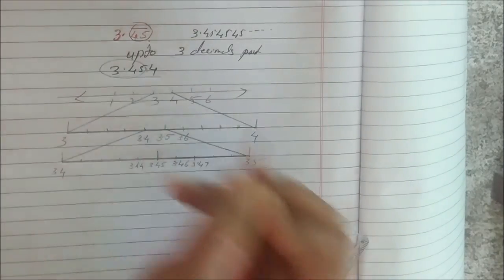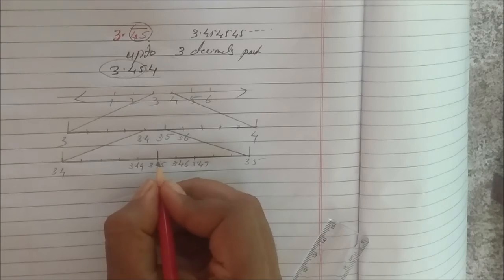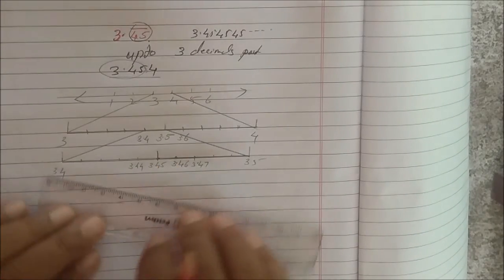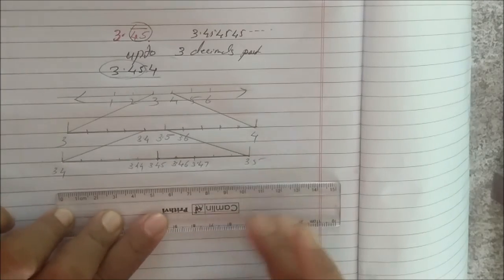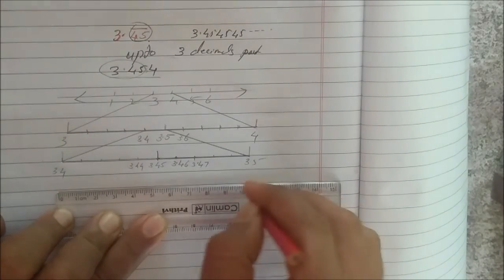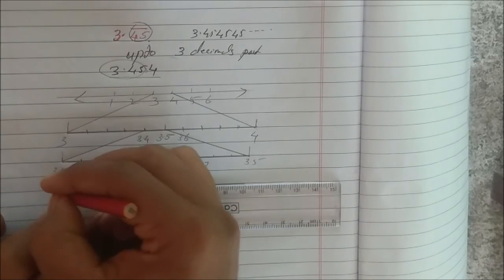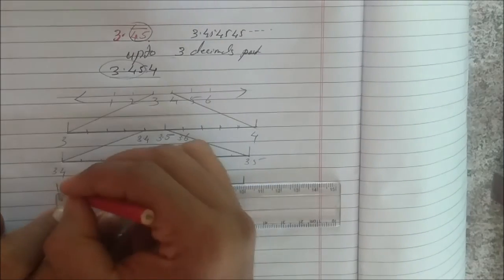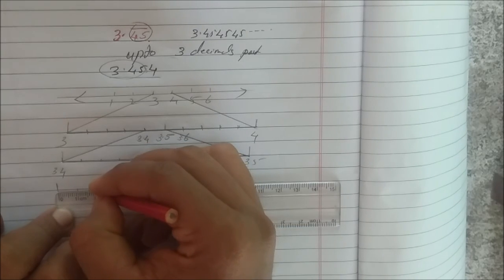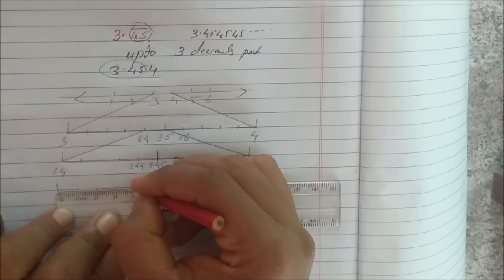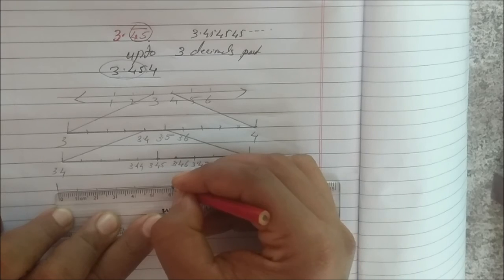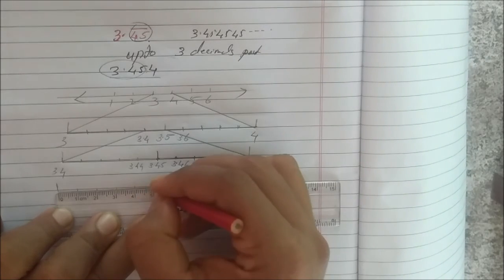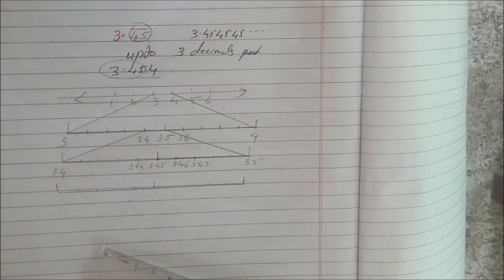We have one more digit, that is 4. So we know that it is between 3.45 and 3.46. So we draw one more line of 10 centimeters.